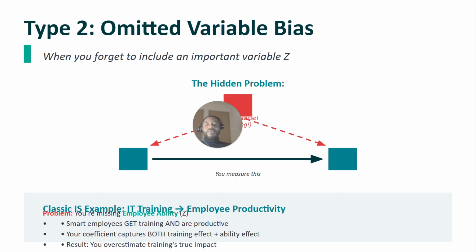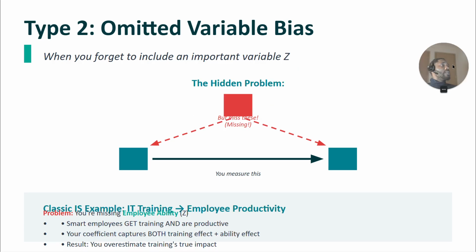Number two is the omitted variable bias. Now, here is a very interesting part. This is actually one of the most common types of endogeneity. Look at this diagram. You're measuring the relationship between X and Y, right?